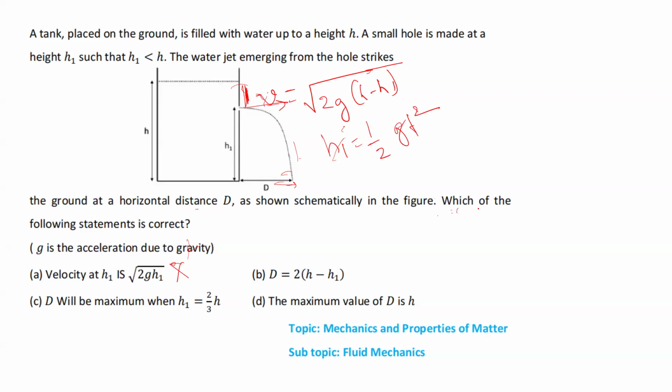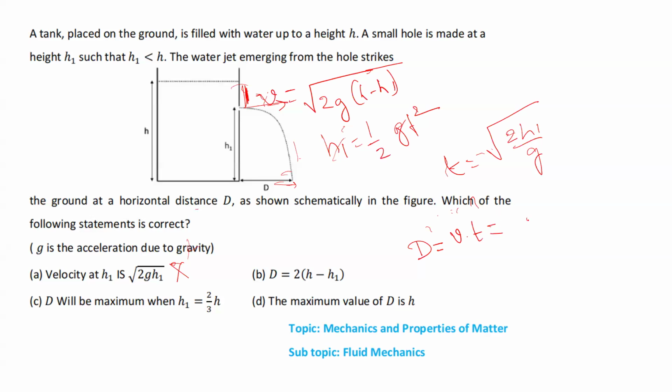So t can be written as root over 2h1 by g, right? Similarly, the expression of d, we know it is v into t.